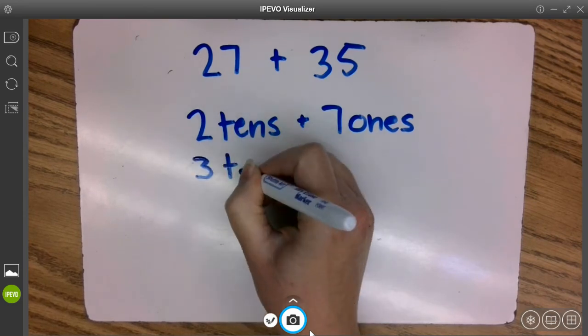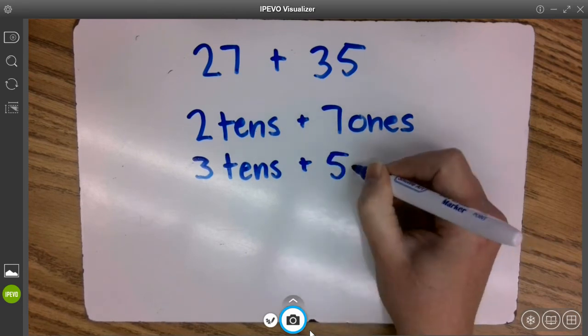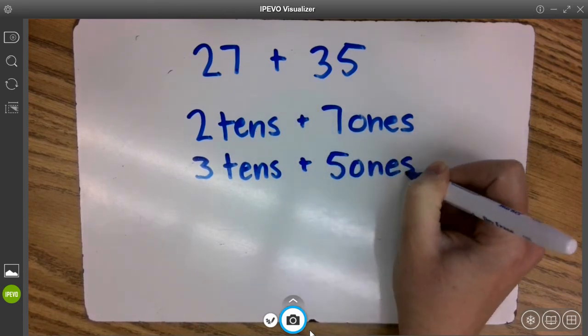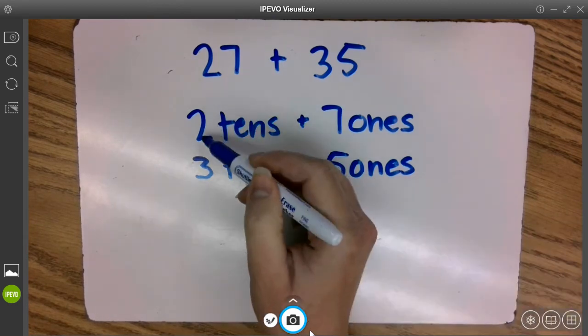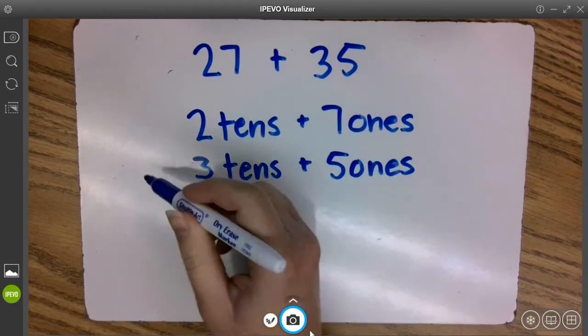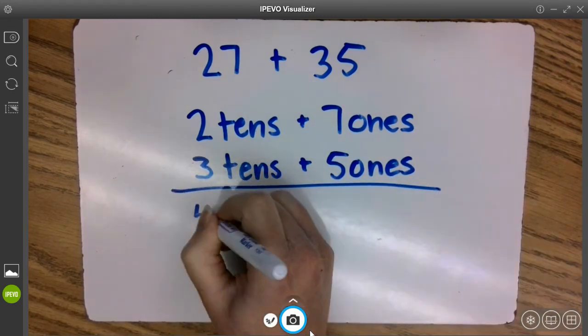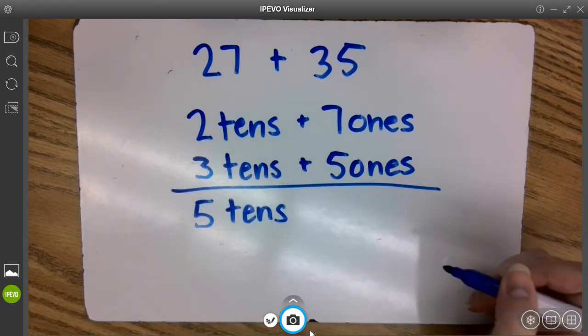Good. 3 tens, and 5 ones. Let's combine them. 2 tens plus 3 tens. How many tens do I have? 5 tens.